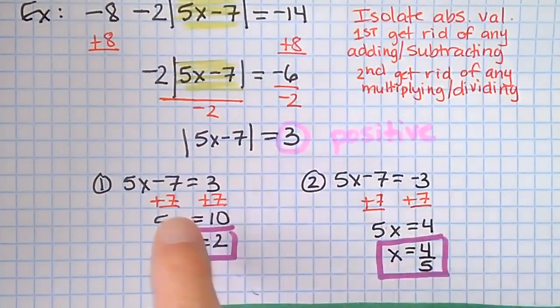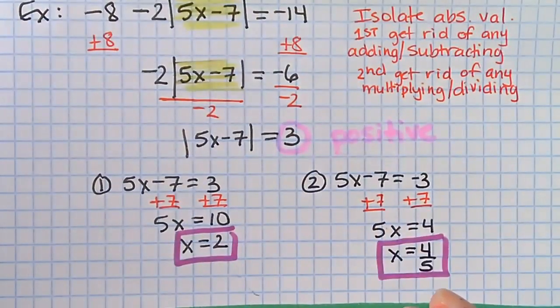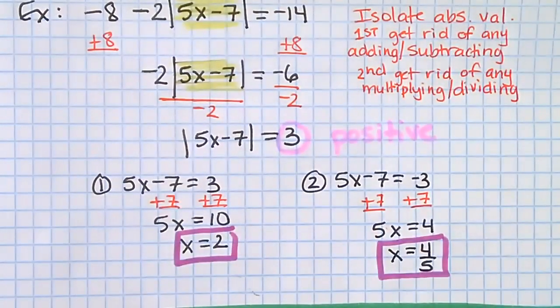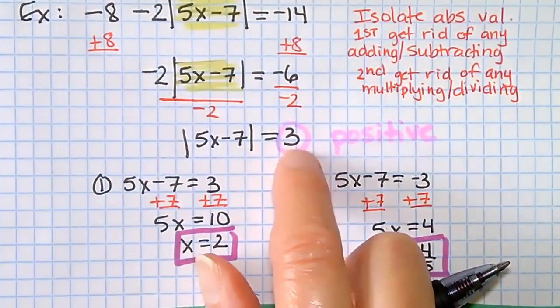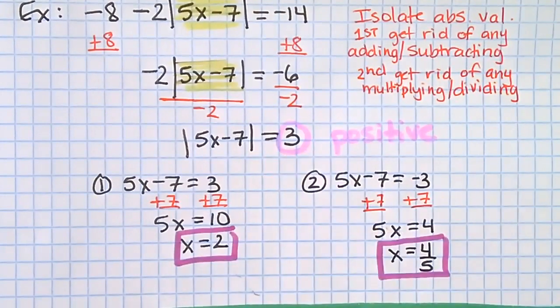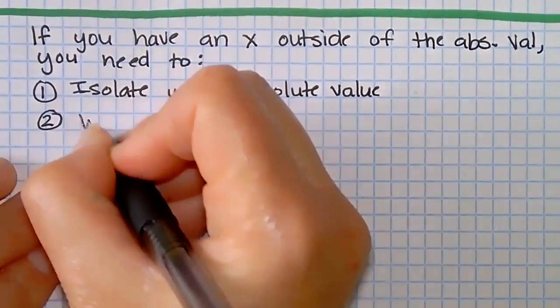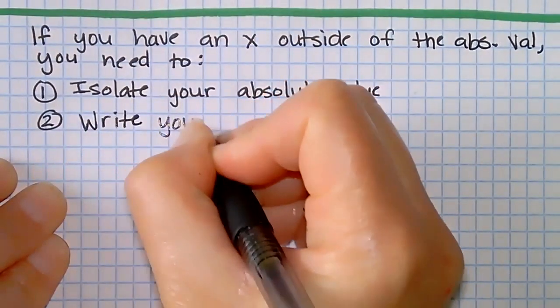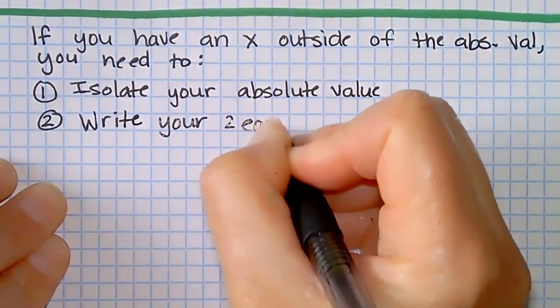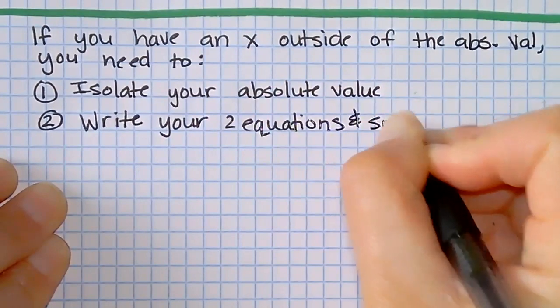If it's positive, we write our two solutions. When it was a negative, we had no solution. In this case, we're going to have an x on this side. We can't decide if it's positive or negative. It depends on what x is. So we are going to write our two equations and solve them.